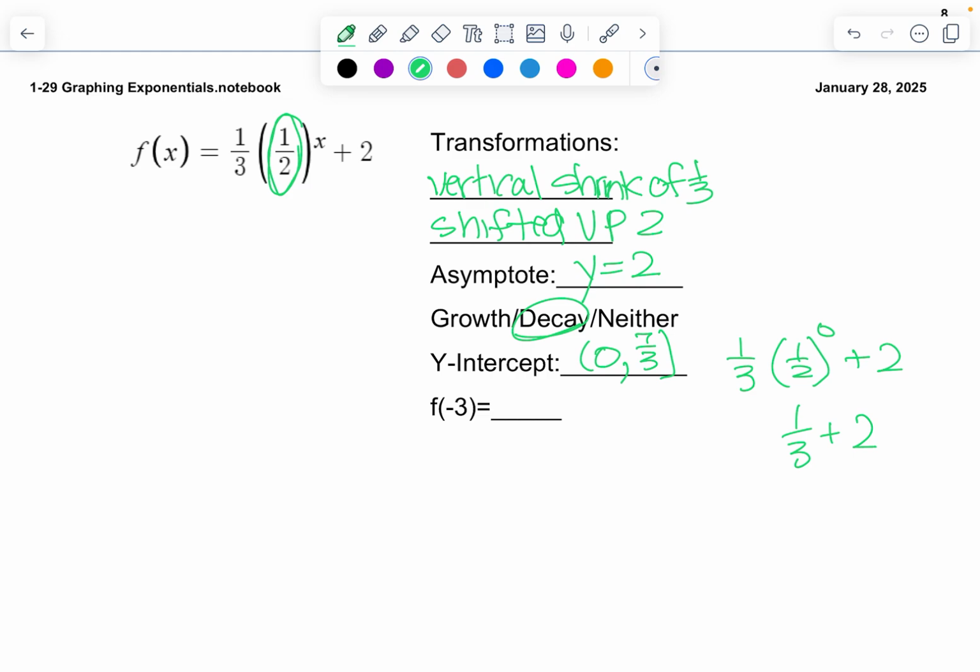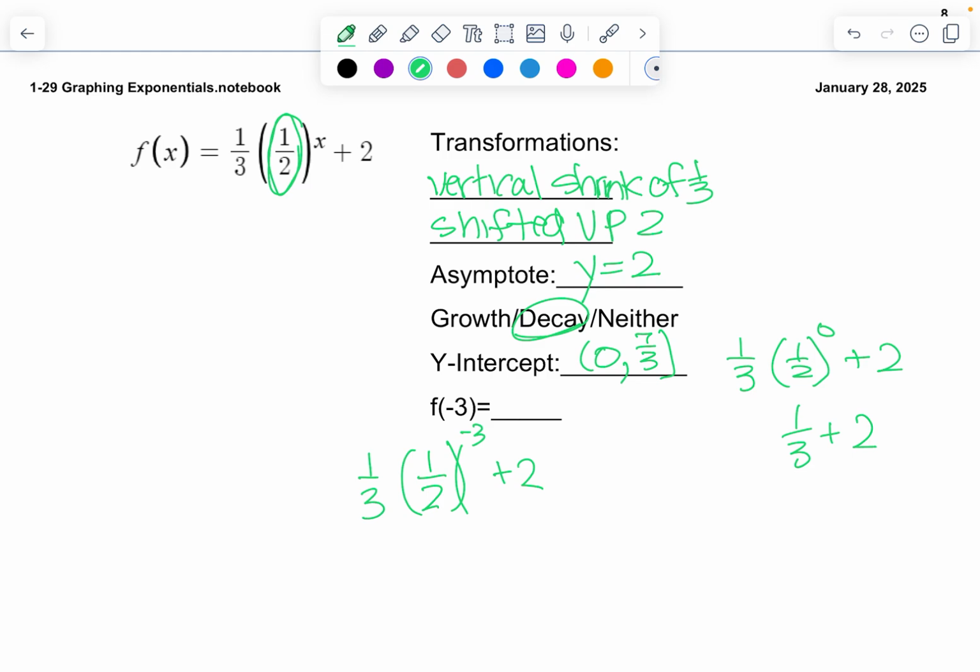Then if we put negative 3 in, I would definitely plug that into your calculator, or look in your table. So I've got that 1/3 in the front, times 1/2 raised to the negative 3 plus 2. So I'm going to plug that into my calculator.